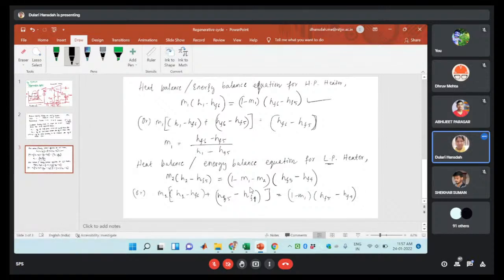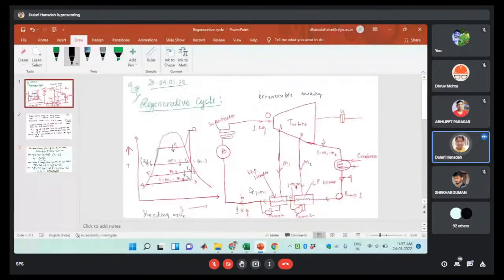Okay. So from this I can get what is the M2. M2 is equal to 1 minus M1 into HF5 minus HF4 upon H2 minus HF4.